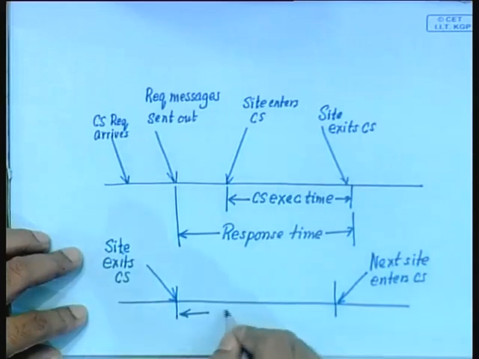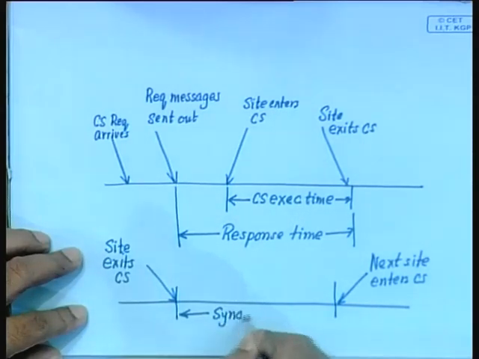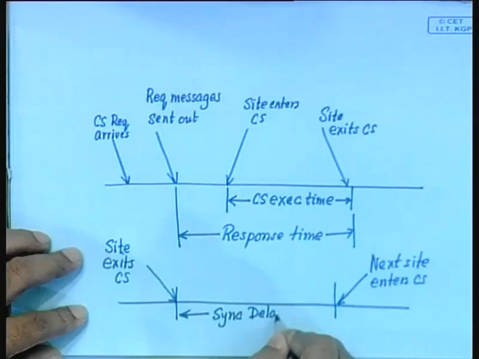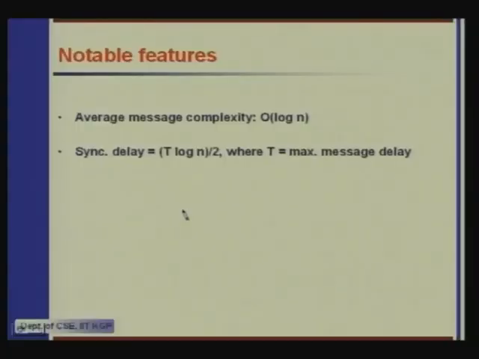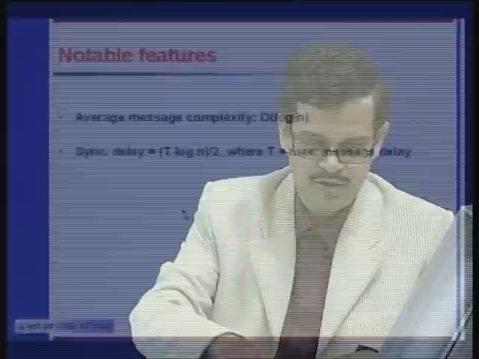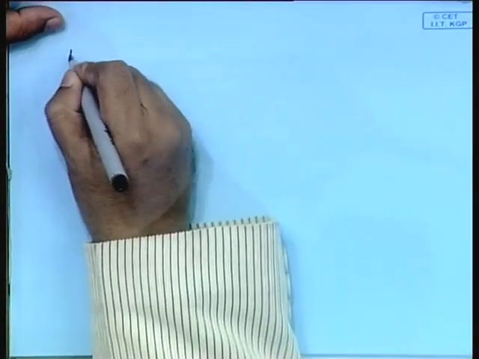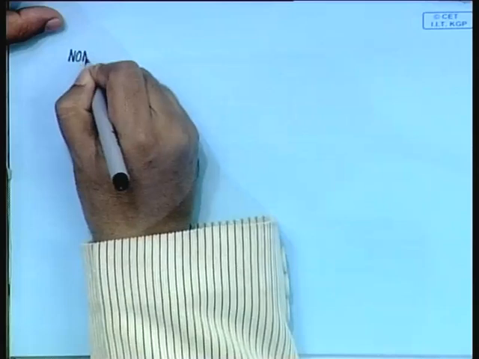Then this is called the synchronization delay. Okay. Right. Now, let us compare the algorithms that we have studied in this chapter based on these parameters. So, first we are going to look at the non-token algorithms.